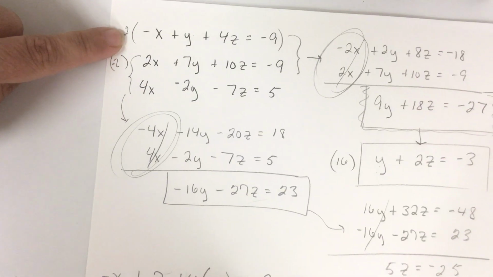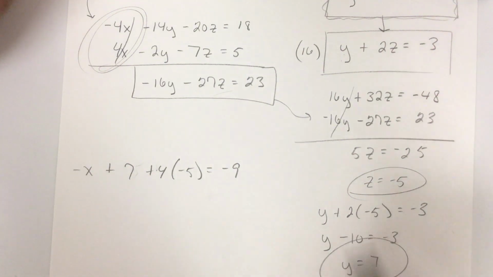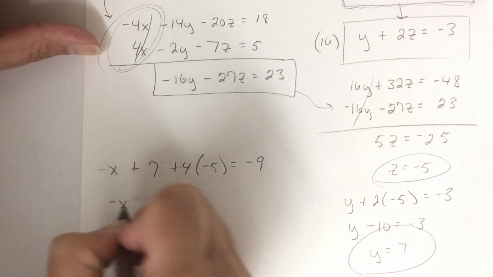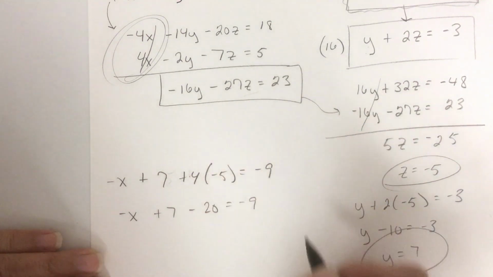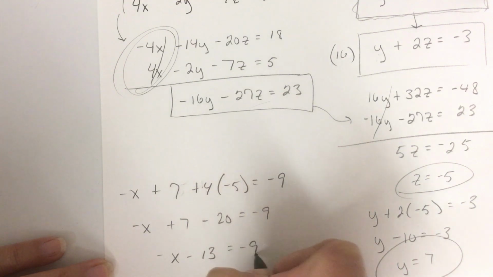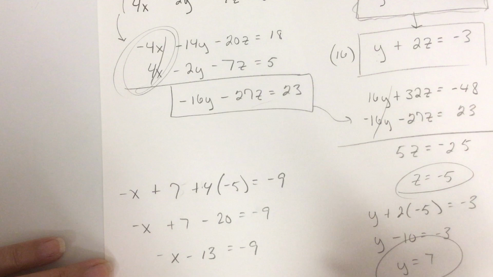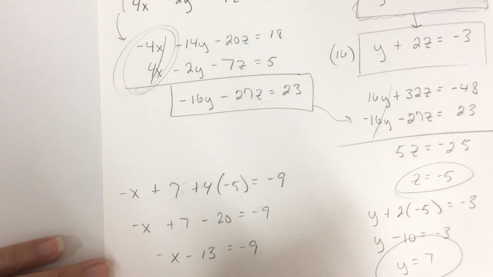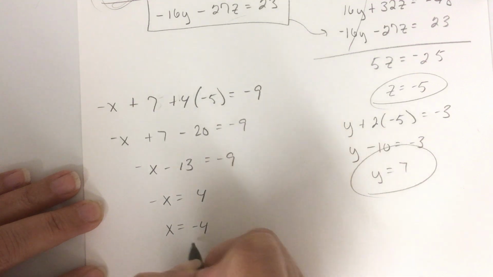So I use this equation and my values for z and y. So -x plus 7 minus 20 is -9. -x minus 13 is -9. -x is equal to 4 if I add 13 to both sides. So if -x is +4, then x is -4.